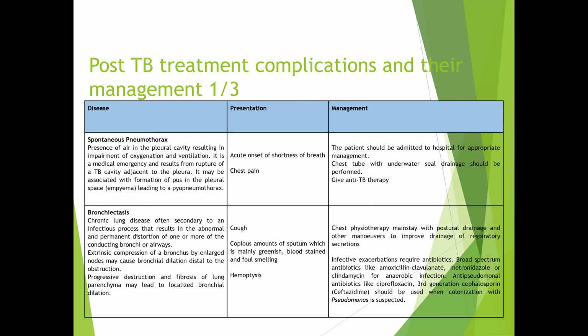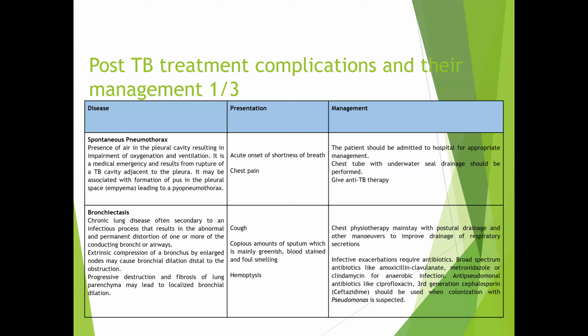The presentation is acute onset of shortness of breath and severe chest pain. That's why it's a medical emergency. The patient should be admitted to hospital, a chest tube with underwater drainage should be performed, and we give anti-TB treatment immediately because the cause is TB.